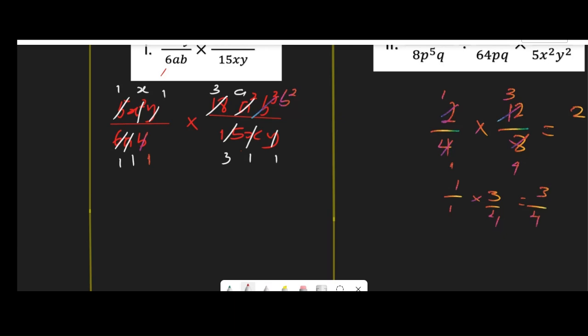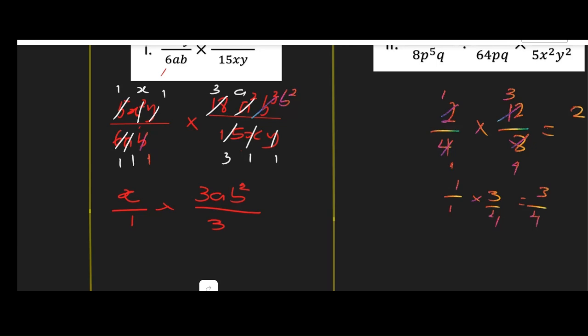So on the first fraction we have x, okay, so that's going to be x on 1. You see the whole of the denominator here has turned 1 times, you have 3ab squared on 3.